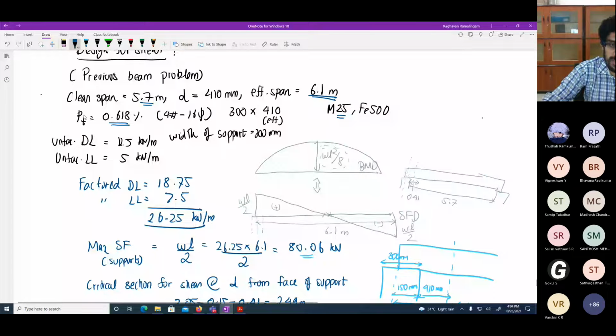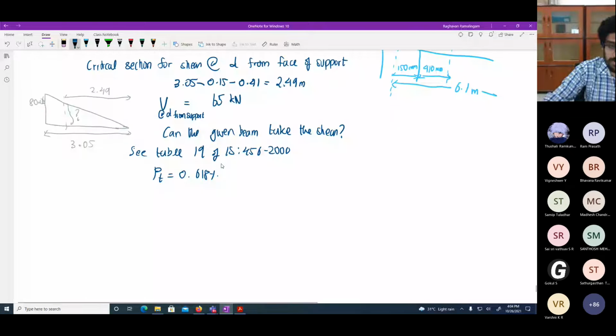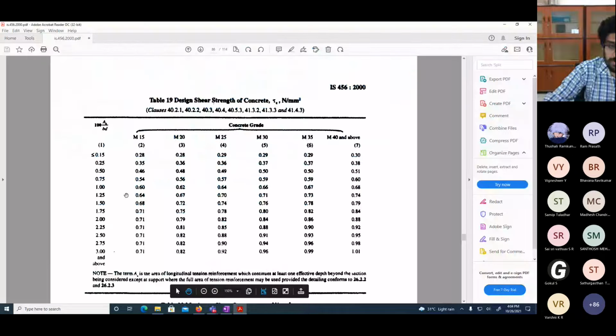So for 0.5, it is 0.49, 0.57. Okay. So in this table, I see 0.5 PT. I have the value for M25, the value of tau C. This is PT. So the value of tau C is 0.49.